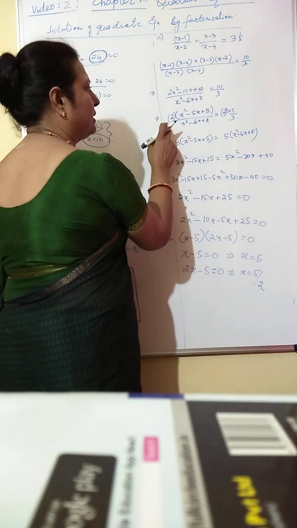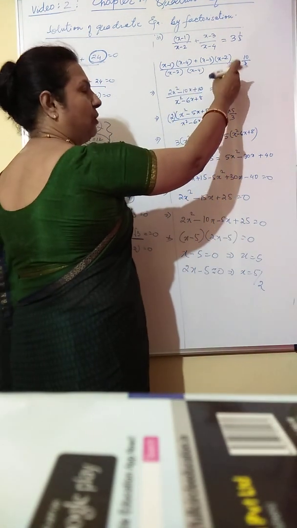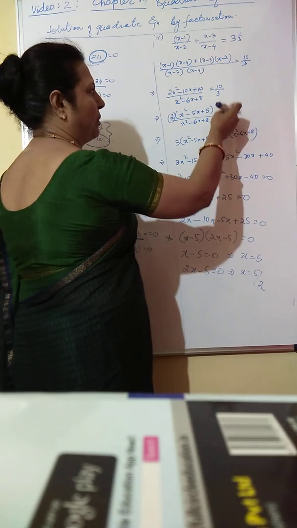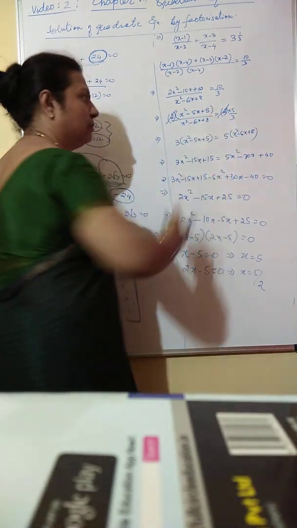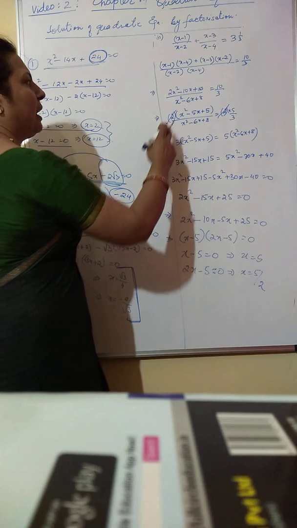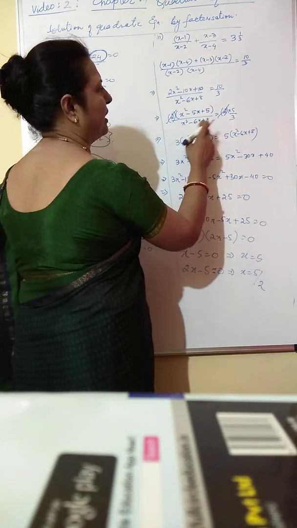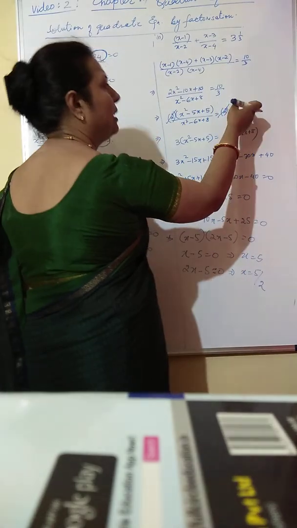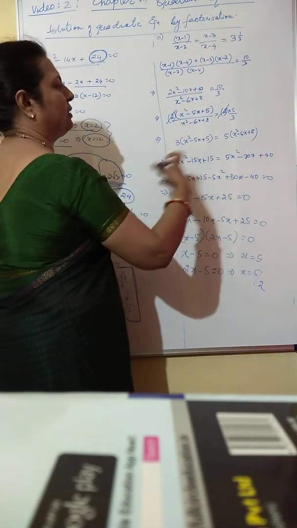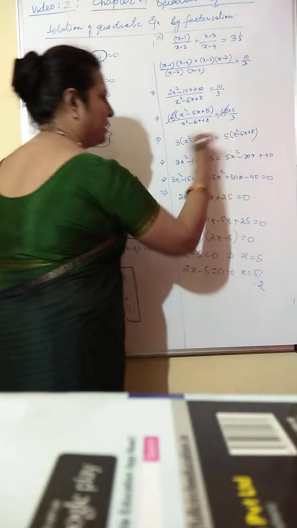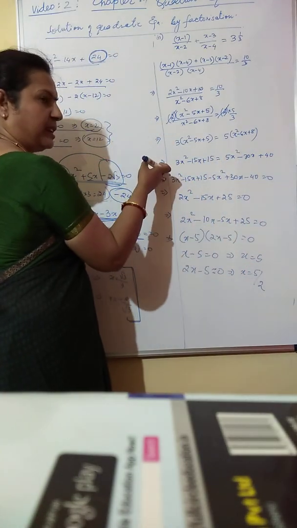Now from the numerator I have taken 2 common, and then on RHS also I have 2 common. So I can cancel these two common terms now. And then I get x square minus 5x plus 5 as numerator, x square minus 6x plus 8 as denominator is equal to 5 by 3. Again I cross multiply, and once I have cross multiplied, this is the product that I get.